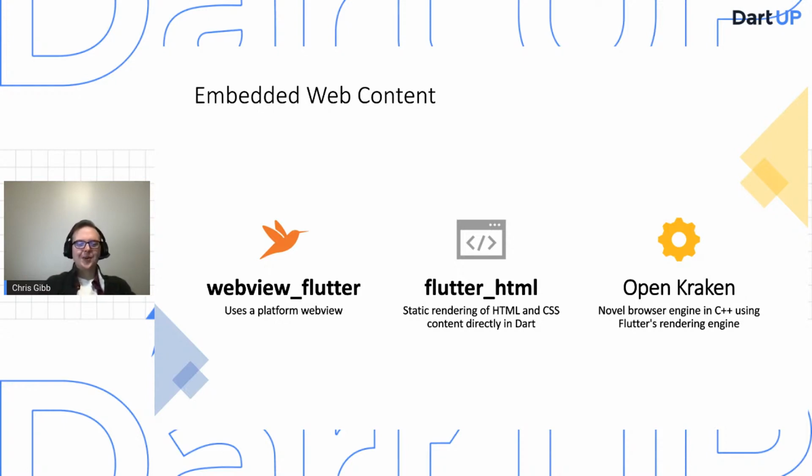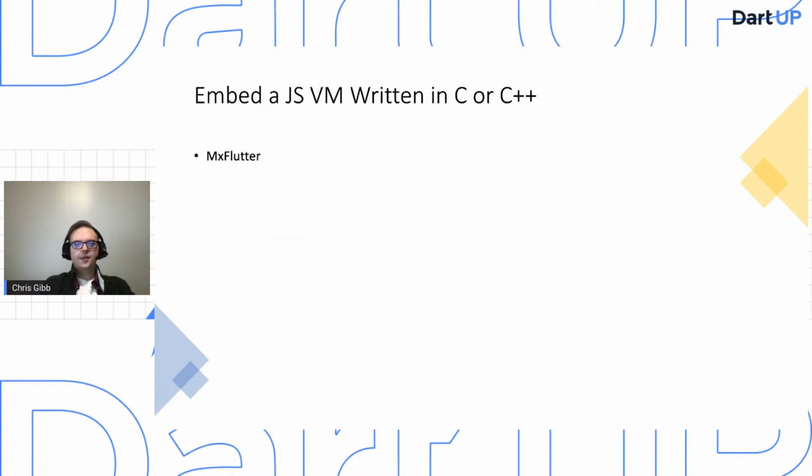So OpenKraken provides a good segue into my next category here, which is JavaScript VMs. It could be argued that OpenKraken would fall into this category given how it integrates QuickJS. The only other project taking this approach that I've encountered at least is MX Flutter, and MX Flutter is backed by Tencent.